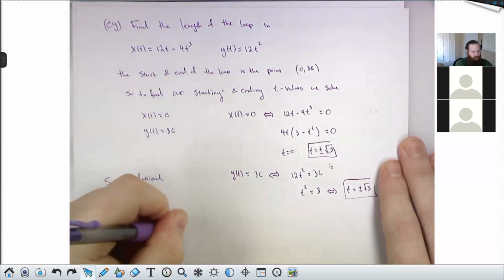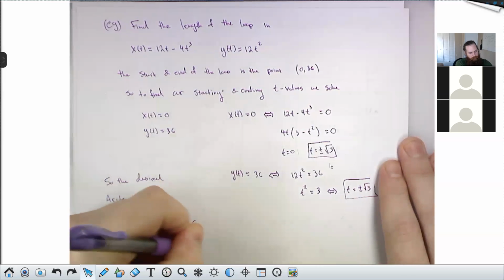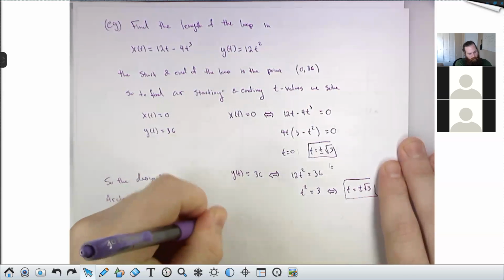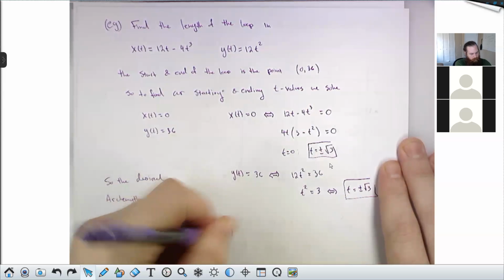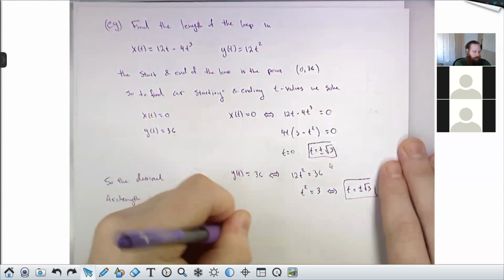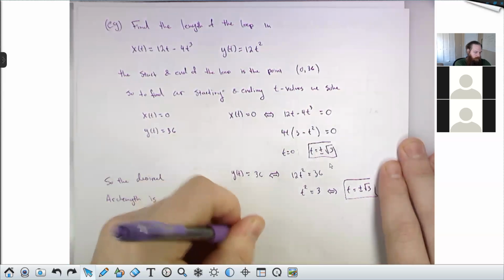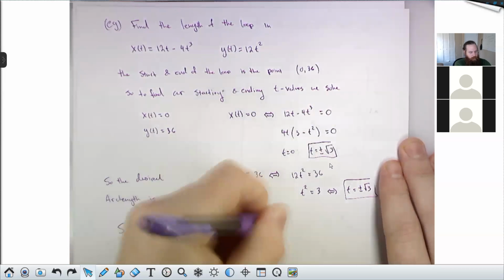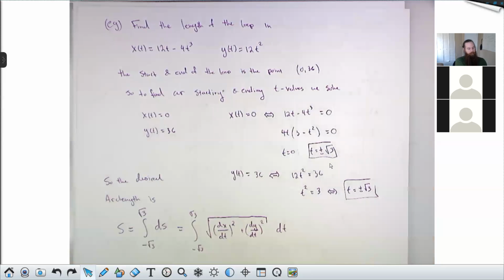Remember, ds is the square root of dx dt squared plus dy dt squared. That's that little Pythagorean thing, times dt.